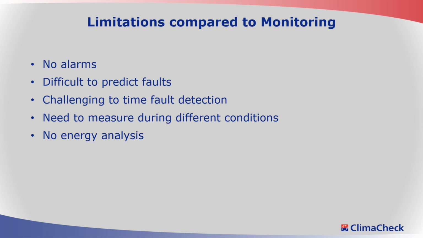If there is any issue, we will not get emails and so on. It is difficult to predict faults, so if we're doing troubleshooting, we would need to wait for the fault to occur. We're not monitoring, we will not see if a fault occurs. We need to be there during the measurement. And compared to a monitoring tool, we are not doing any energy analysis because we are measuring in a shorter period.